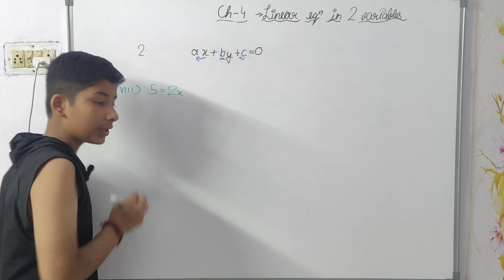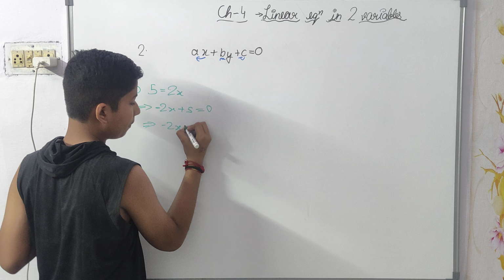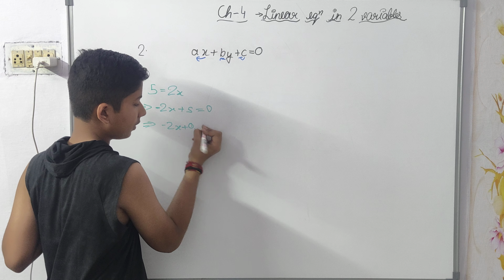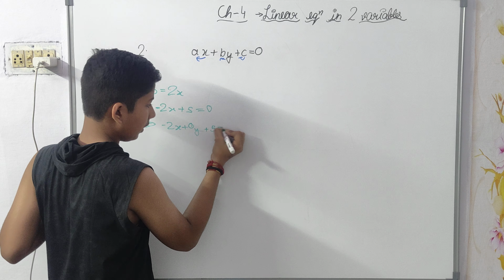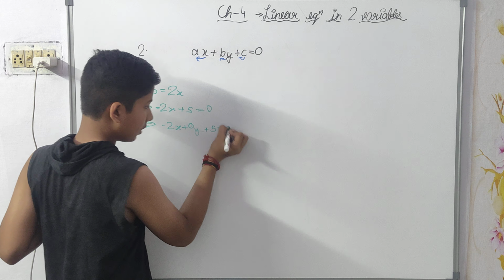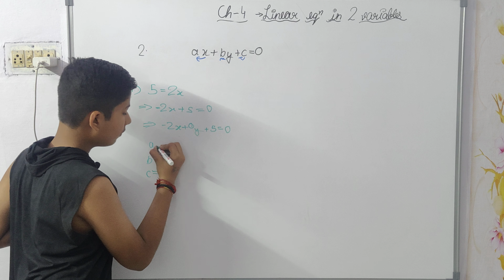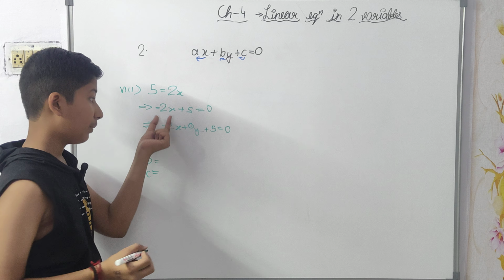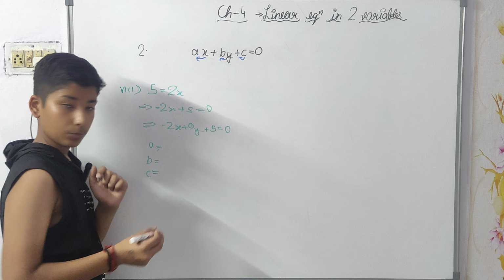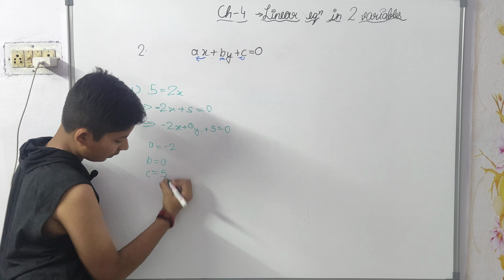Now how can we write it? Minus 2x plus 0y plus 5 equals 0. Now a will be minus 2 because it is with x. B will be 0, it's with y. And c will be 5.